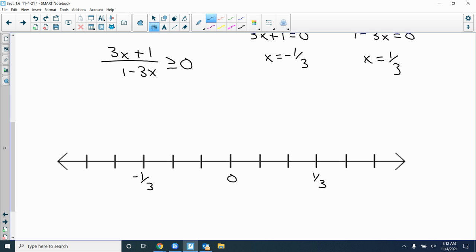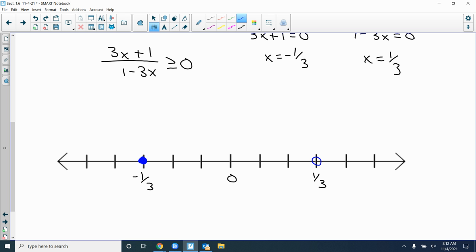Which one can it equal, and which one can't it equal? The numerator can equal 0, which is negative 1/3, so I'm going to put a solid dot there. The denominator cannot be 0 because it's undefined there, regardless. So at positive 1/3, an open dot. It cannot equal positive 1/3.